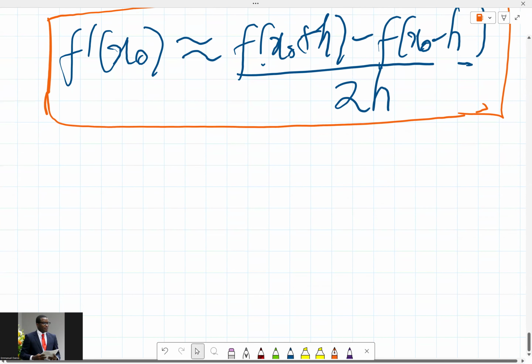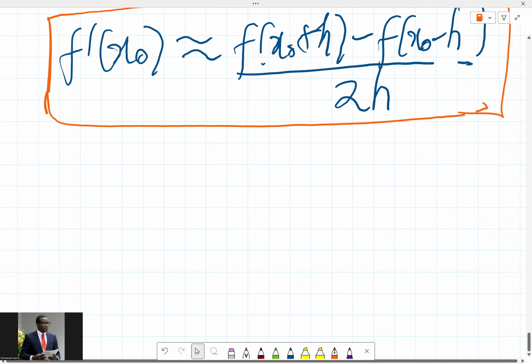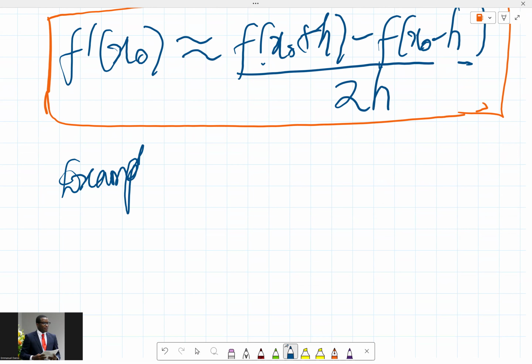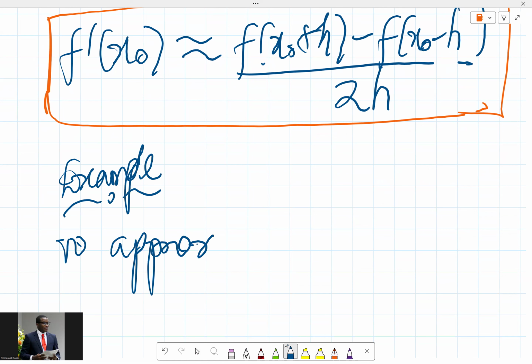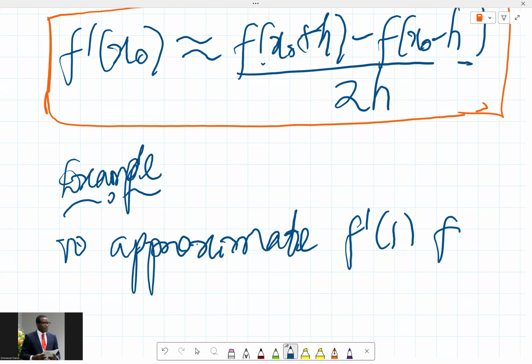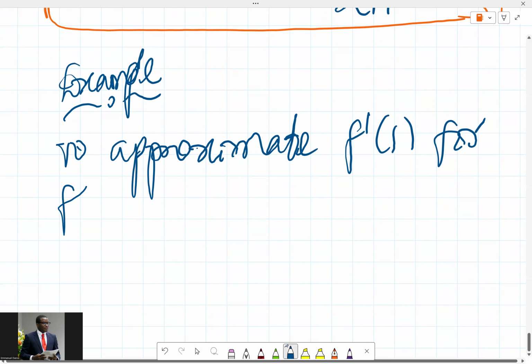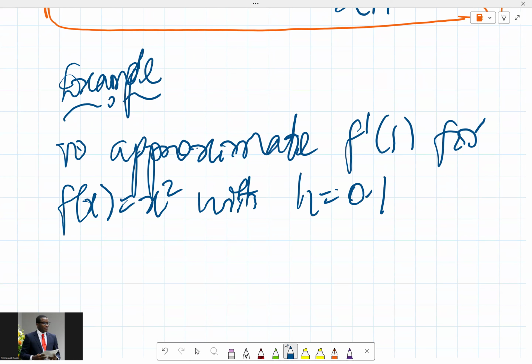So if we take the same example again, we want to approximate f prime of 1 for the same f of x, which is x squared, with h equals 0.1.